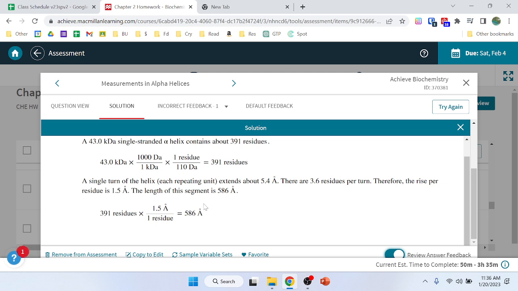Multiply that, and we would get the answer. Yes, that's entirely valid too. If you want to do less calculator work all in one go, you can take this number right here, divide it by that number, turns cancel, and we get angstroms per residue, right? That makes sense? Everything good?